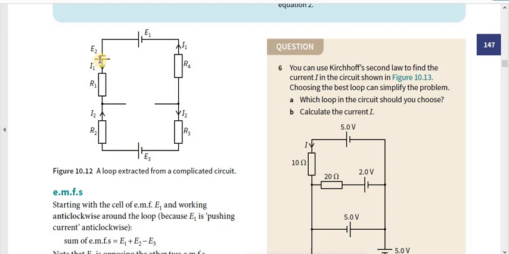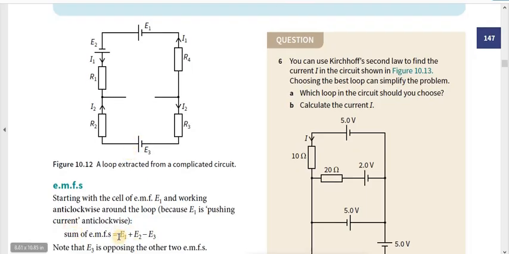But if you consider these two, the positive terminal of this cell is facing the positive terminal of this cell. It's not opposite terminals, it is the same type of terminal facing each other, positive to positive. But here it's negative and positive. The long line is the positive terminal, the short line is the negative terminal. So here we can add the EMFs, but when we consider this one, we have to subtract.